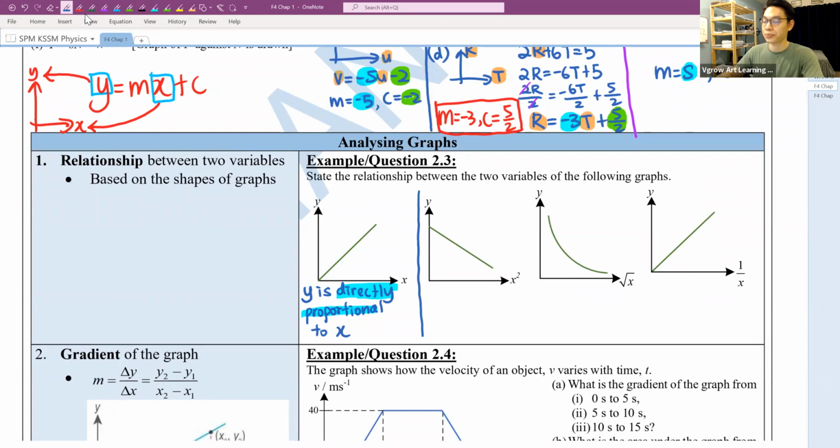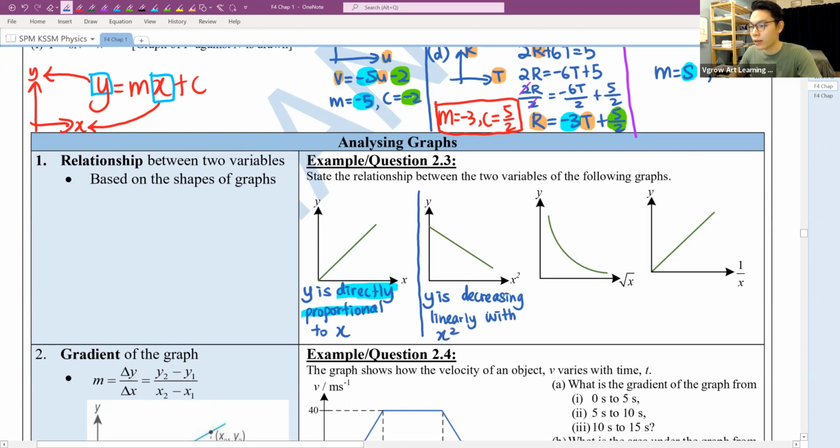Okay, the second one. This one would be y is decreasing linearly with x. Sorry, with x squared. Okay, y is decreasing. That means getting smaller and smaller.